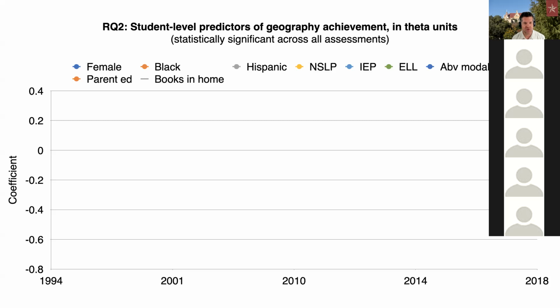Then we have 2 ordinal variables, parental education and number of books in home, which are taken as proxy variables for socioeconomic status. On the y-axis, we're reporting the results in theta units.